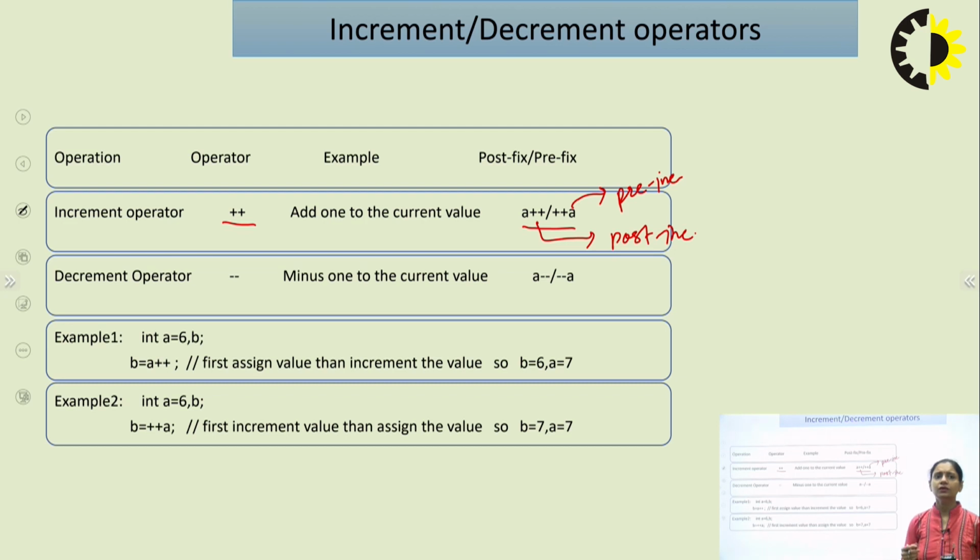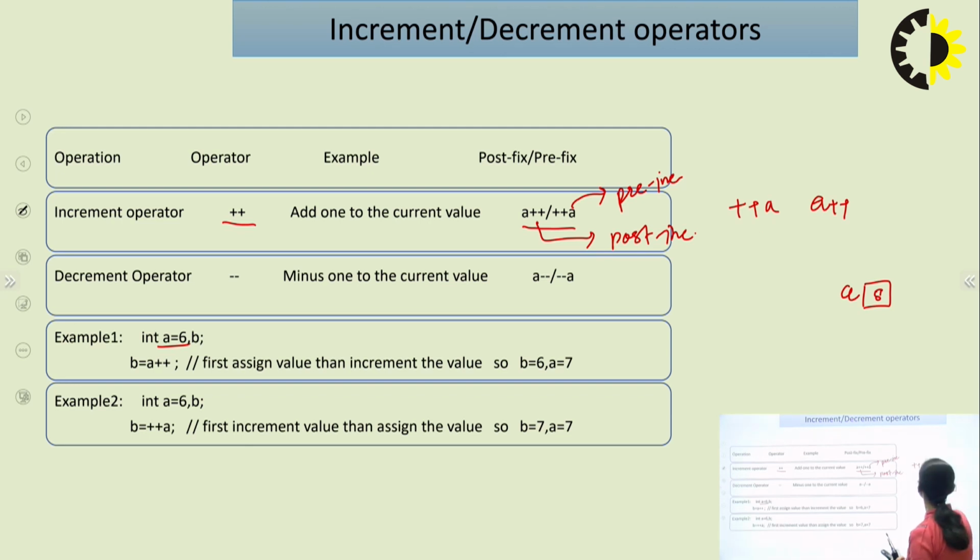So what does it do? Suppose we have the value of A as 6. A plus plus would increase the value, but what is the difference between plus plus A and A plus plus? Suppose in the memory I have the value of A as 5, or maybe 6. Plus plus A would increase the value and then store it.